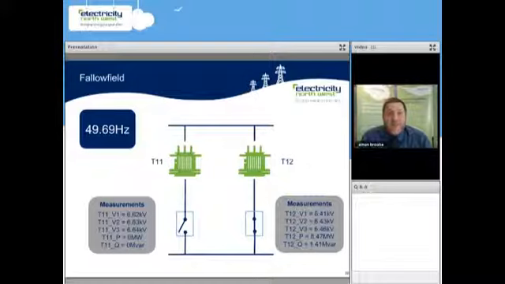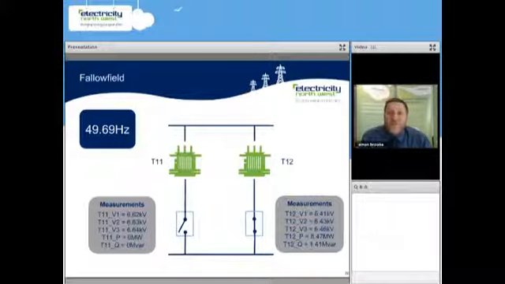On the T12 transformer, you can see it's picked up all the load, and the voltage level, as you'd expect, has decreased to 6.4 kV. This has also made a decrease in the powers, so the active and reactive power have actually decreased.